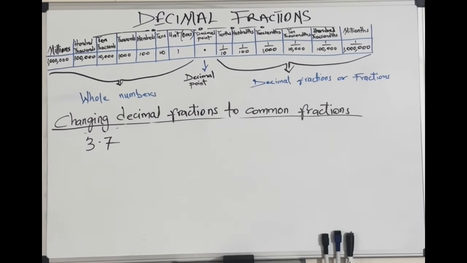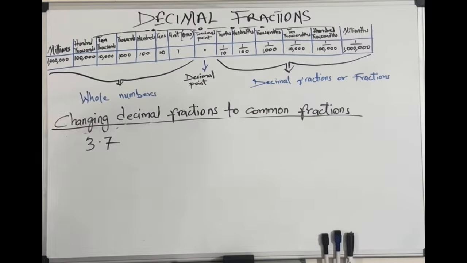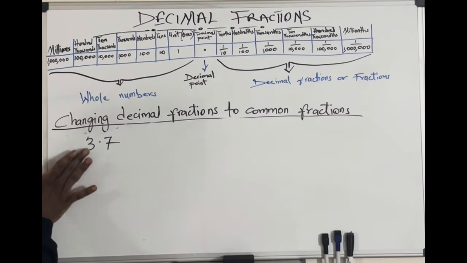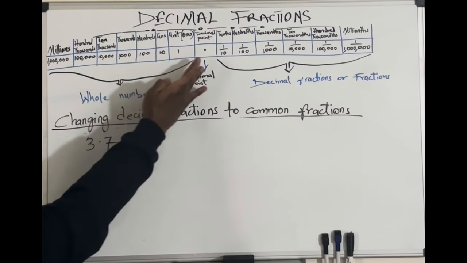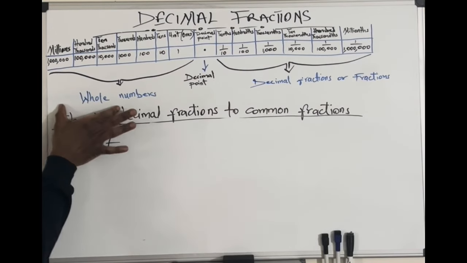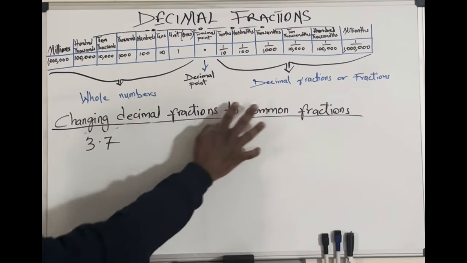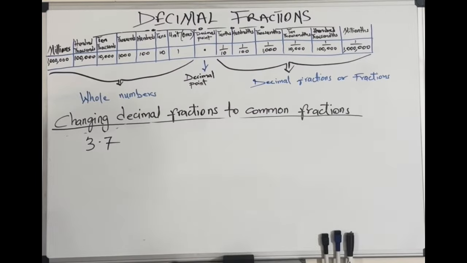Okay, this time around it's not 0.7 but 3.7. And then let's come to the table. 3 means it's a whole number because it comes before the point. So it's a whole number. And then point. Every number is what? Decimal fraction or a fraction.